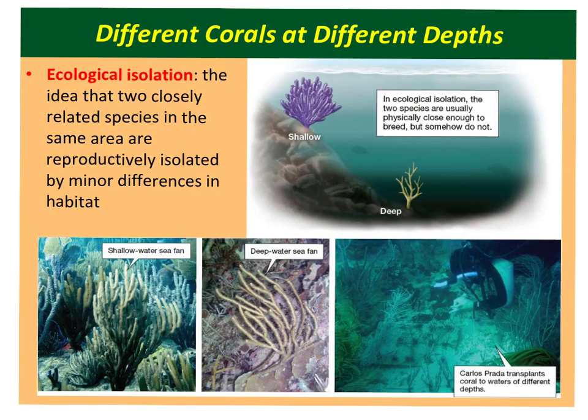Okay, so again, ecological isolation. Different corals. These are different coral species. One species, shallow water sea fan, deep water sea fan. They're actually different species, but they're closely related, and they actually live at different depths.